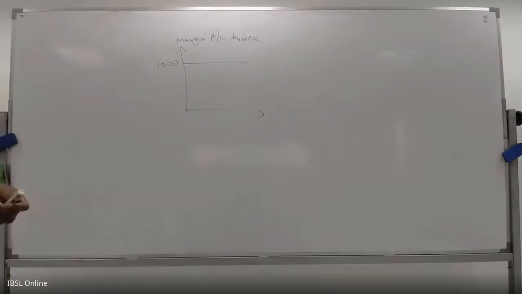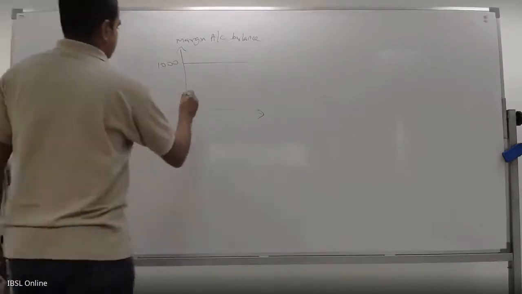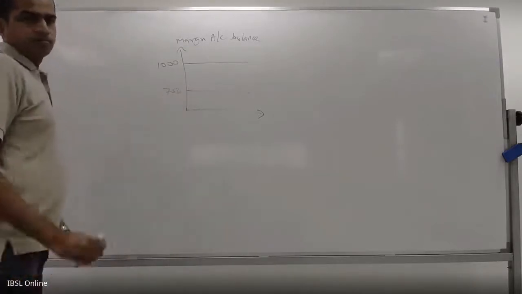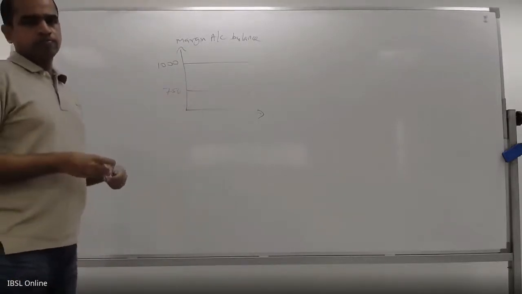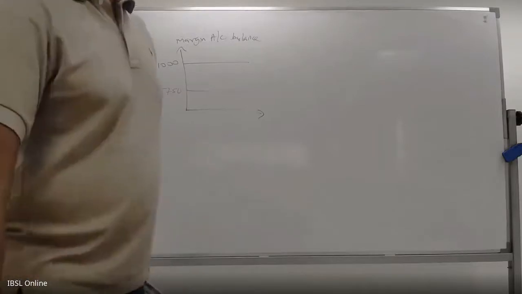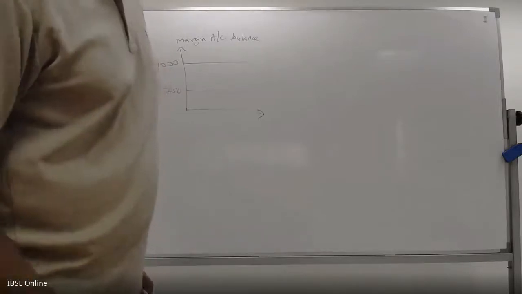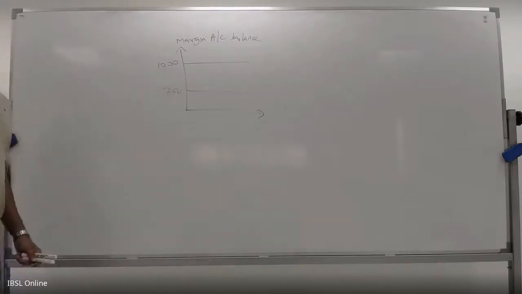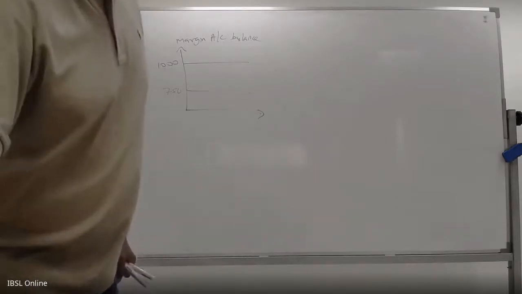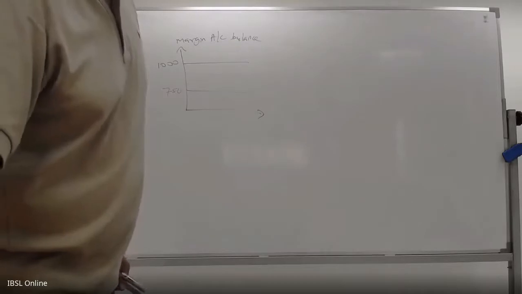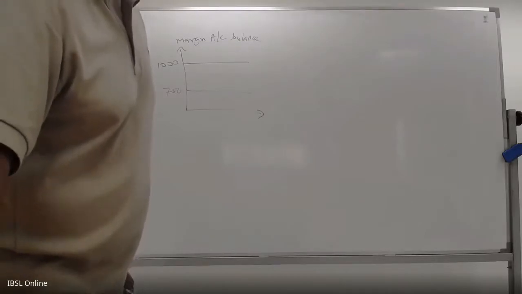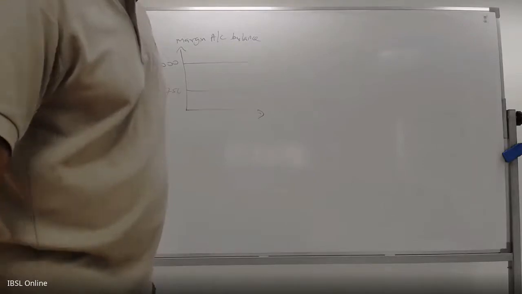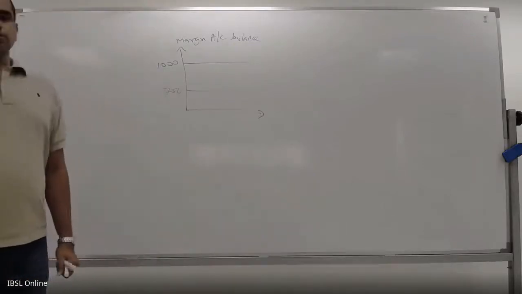$1,000 initial margin, maintenance margin of $750. Right, so he has bought gold at $400 an ounce.